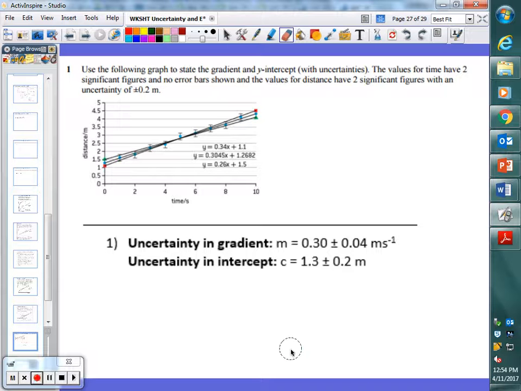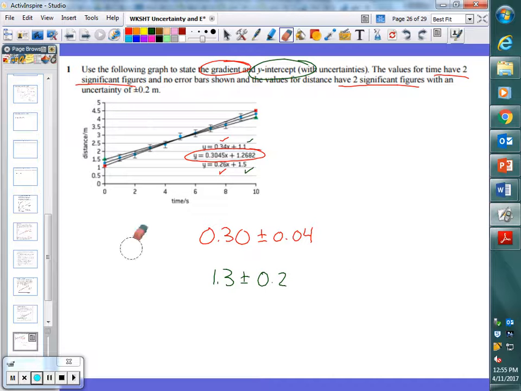Okay. And then, from a unit standpoint, your gradients, your slopes, and your intercepts do have units, because we put them on this graph and they're representing real world values. So the slope on this graph, because it's a distance over time graph, is going to be a meters per second number.